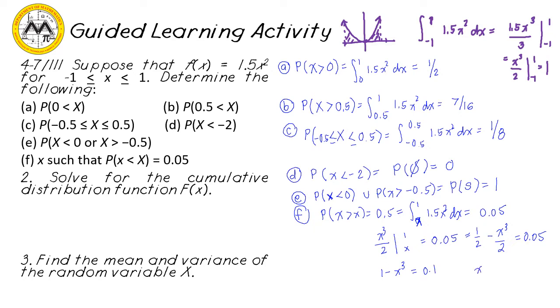So simply we have x is the cube root of 0.9. So x would be 0.9655.